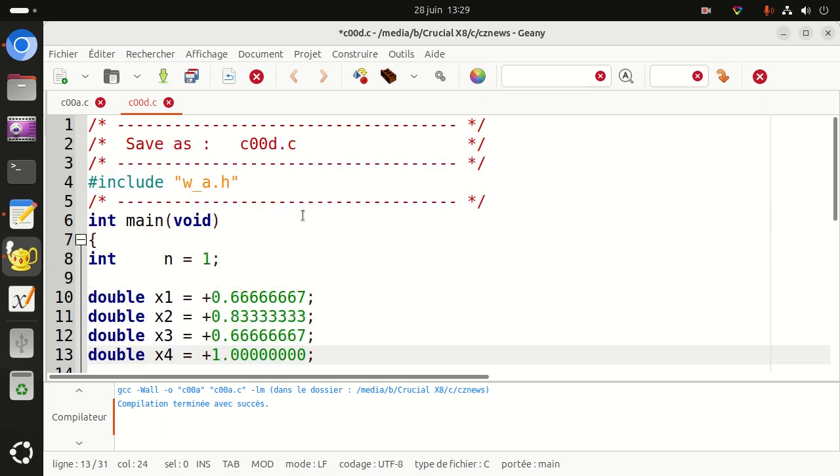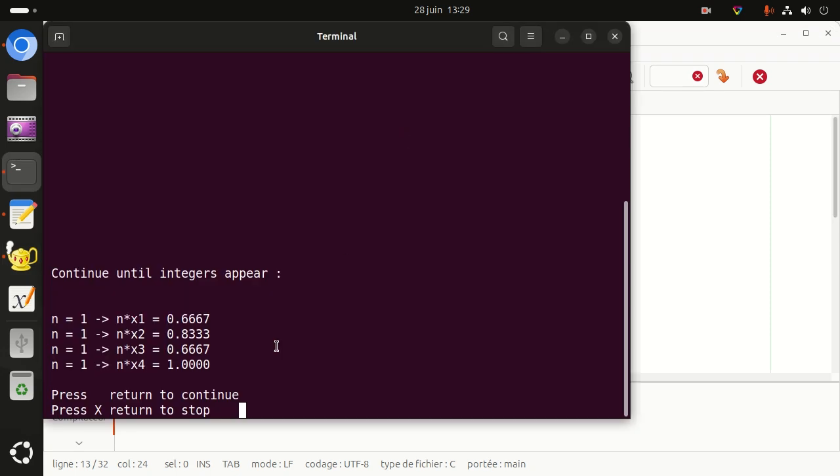Now I want to compute the coefficient of my chemical equation. Alors, continue until integer appear. You have here integer value. You have here decimal number. So I press return to continue.